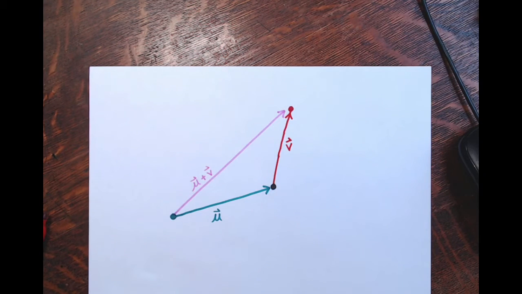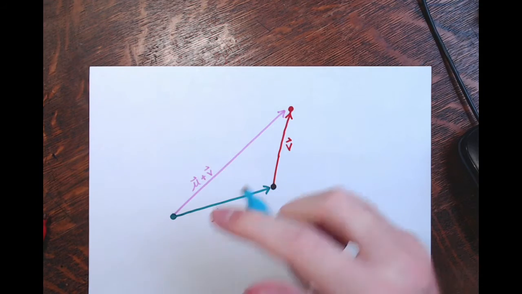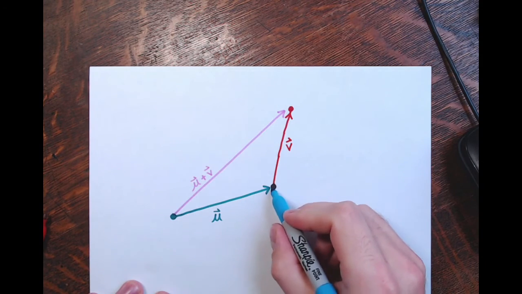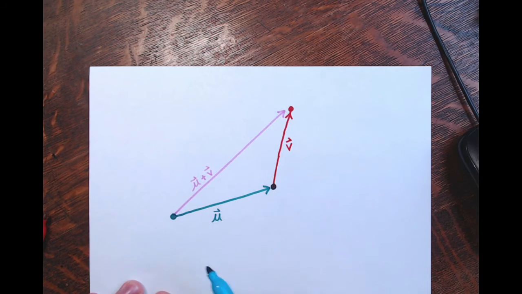Now, if you want u minus v, u minus v is just u plus negative v. And as I mentioned, negative v, or the opposite of a vector, is just the same vector but pointing in the opposite direction. So if I want, here's u again, but now say I want to add on negative v.